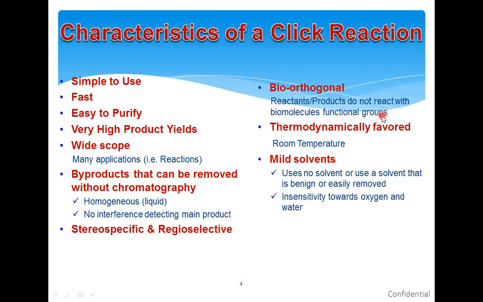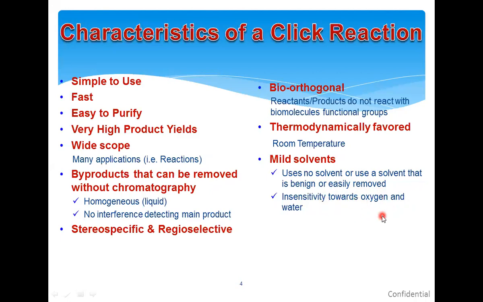It's bioorthogonal, which means the reactants and products do not react with biomolecules or functional groups. And the reaction is thermodynamically favored, which means you can carry it out at room temperature. So all the experiments are carried out at room temperature. You don't need special equipment like an incubator. The solvents used in the reaction are usually no solvent or a solvent that is benign or easily removed, like water.